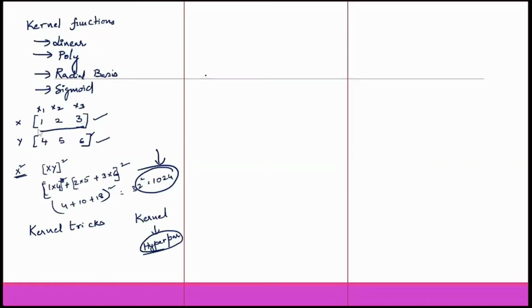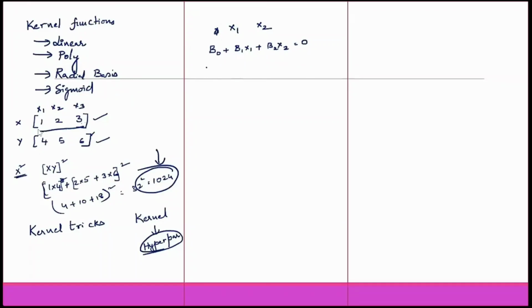In very layman terms, if I am talking about two-dimensional data, let's say I have only two variables x1 and x2, then I can think of a simple equation like b0 plus b1x1 plus b2x2 equal to 0. That's the equation for two-dimensional data, right?